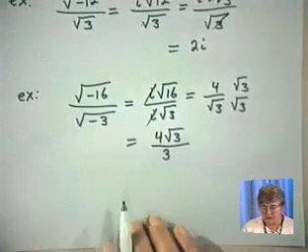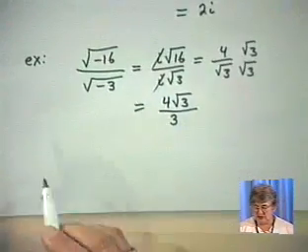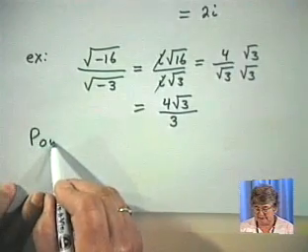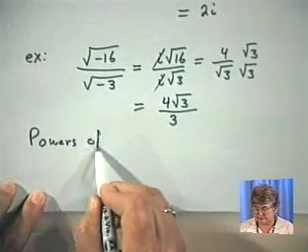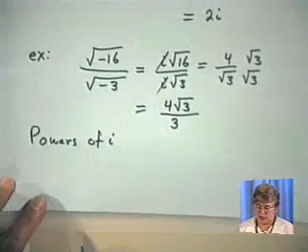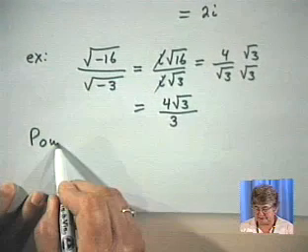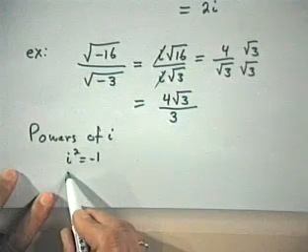All right, let's do one more thing in this segment, and that is to look at powers of I. Okay. We know that I squared is equal to negative 1. What about I cubed?